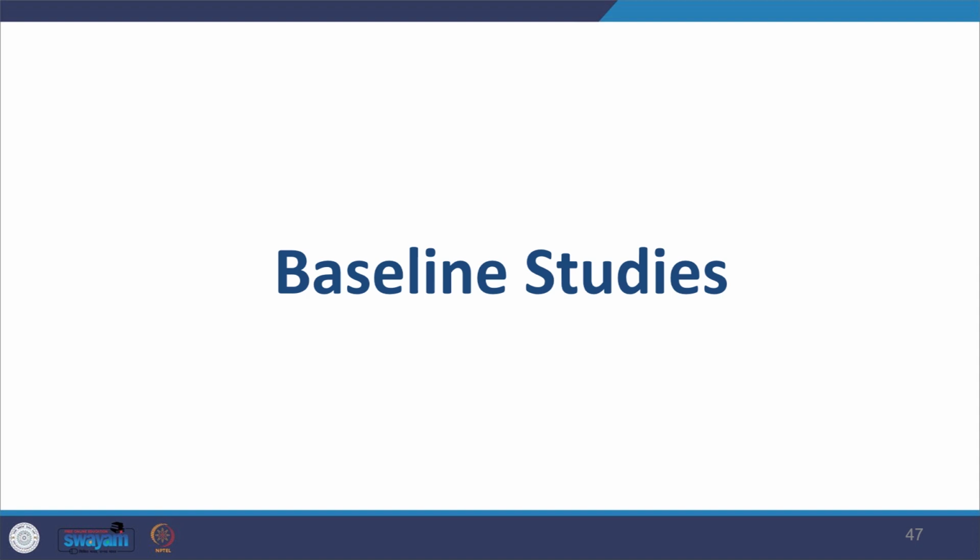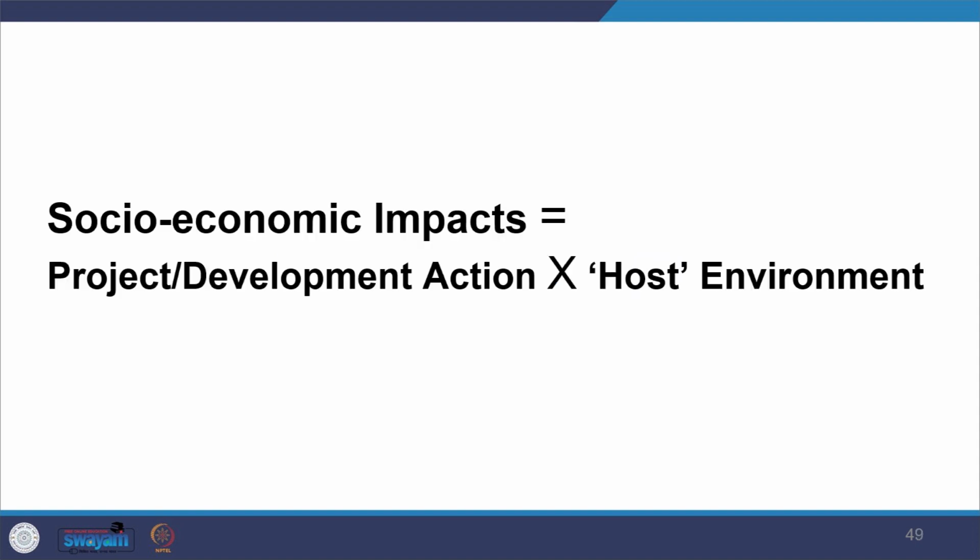We're now looking at the baseline studies. If you try to understand socioeconomic impact, it is said to be the interaction between what development activities will happen, what kind of actions will be taken because of that, and its multiplication with the characteristics of the host environment.